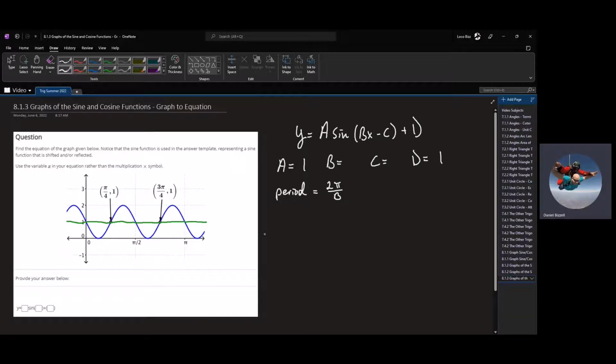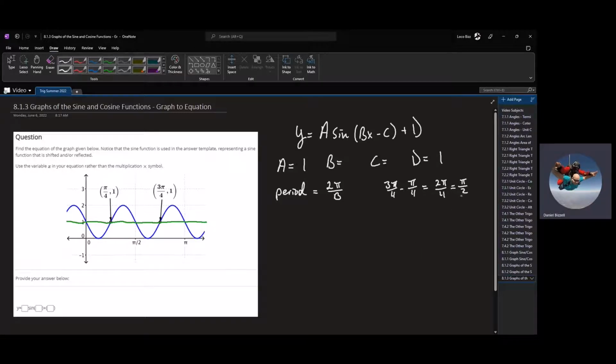So to figure out this distance, we can just do 3 pi over 4 minus pi over 4. This is our end point minus our start point, which gives us our distance. And that distance is 2 pi over 4, or pi over 2. So we know our period is pi over 2.